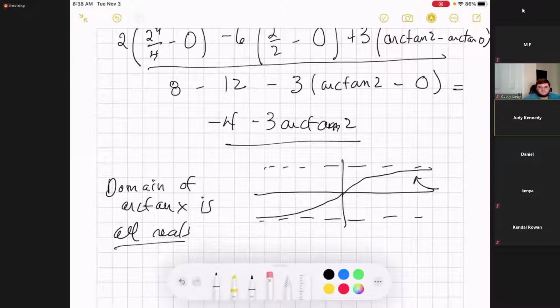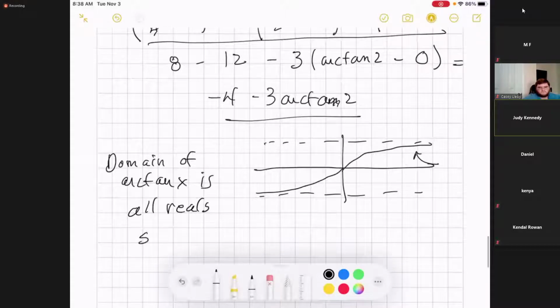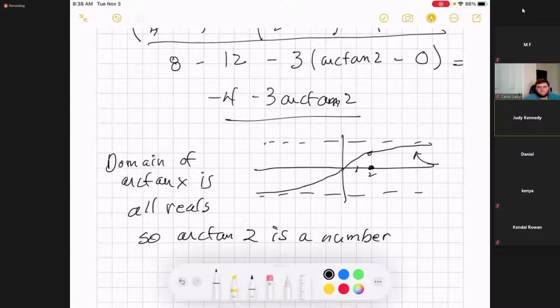So that means arctan of 2 is a number. In fact, in my little picture, there would be 2 arctan of 2, whatever that is. So leave your answer in this form.